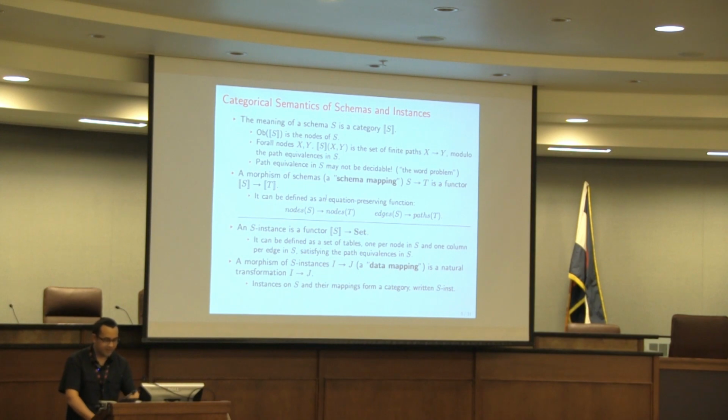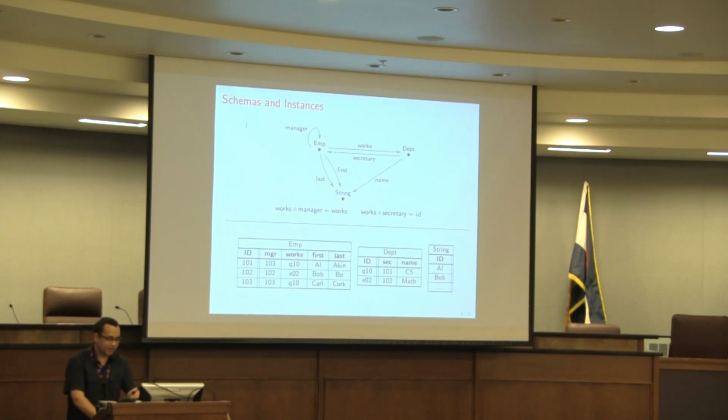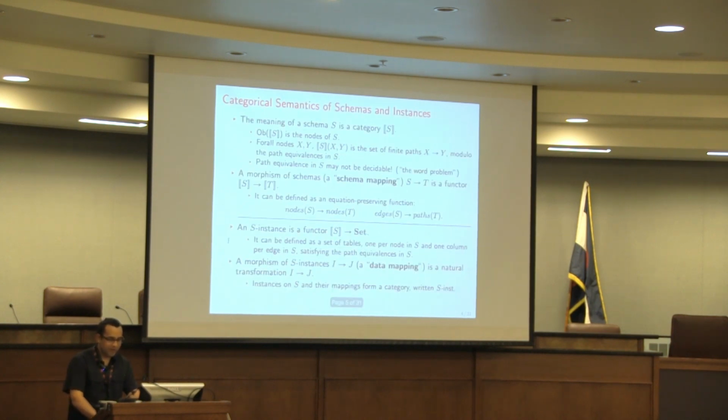So that's the schemas, the top part here. What about the bottom part, the database instances on these schemas? Well, if I have a schema S, it denotes a category, and then a database instance on that schema is just a functor from that category to the category of sets.